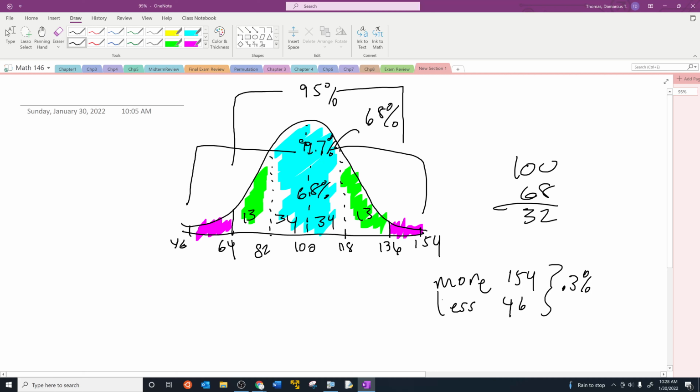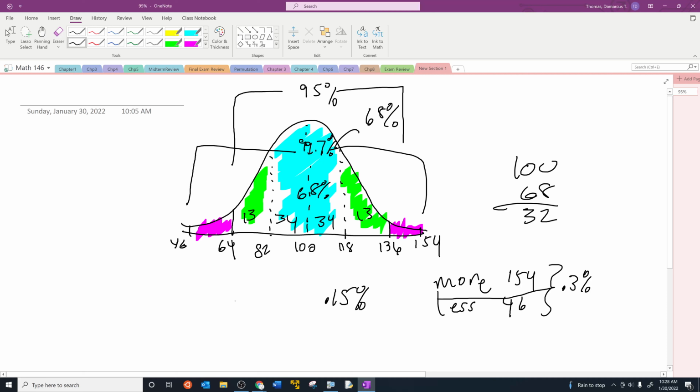And we're saying half of that, because we include this piece. So in other words, 0.15% will have an IQ greater than 154, 0.15%.